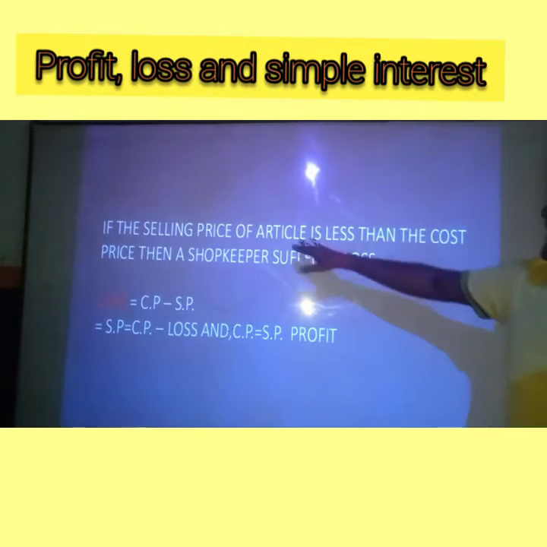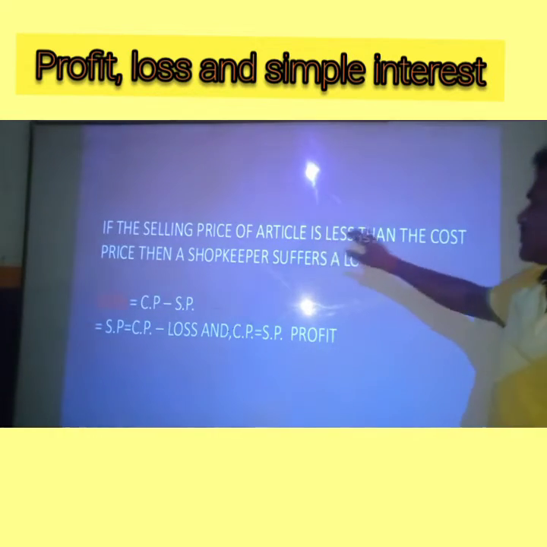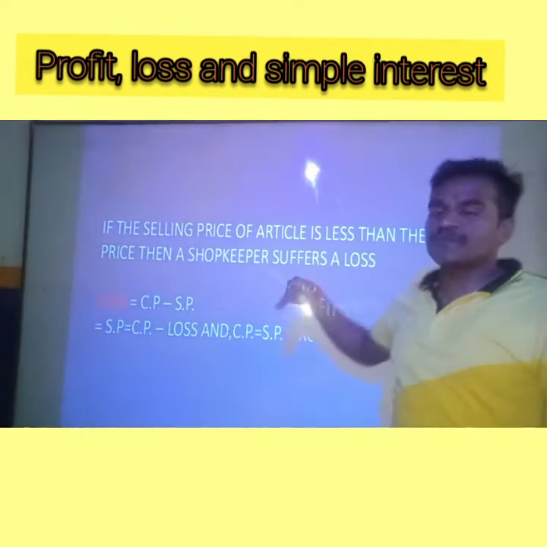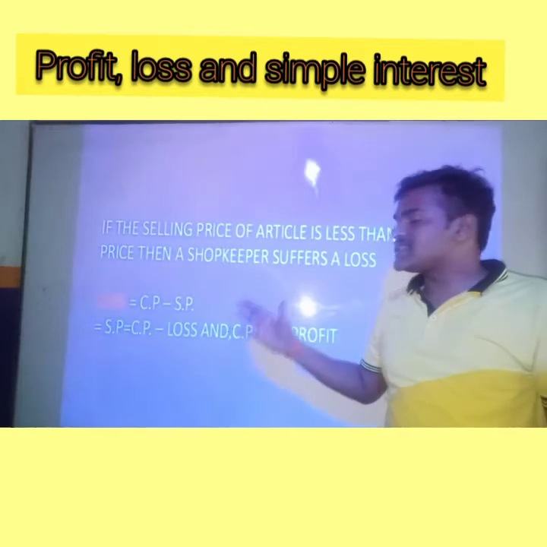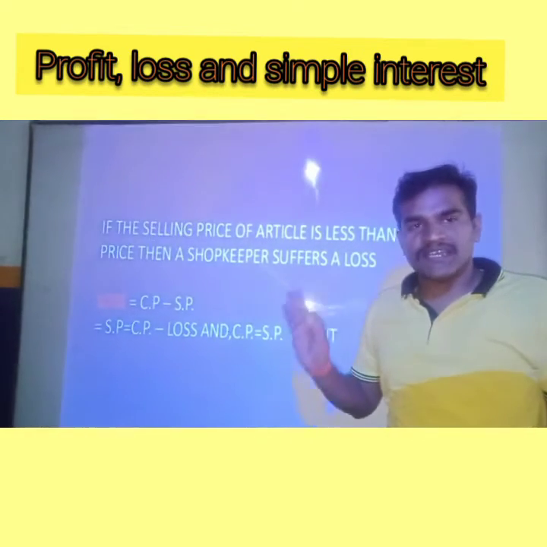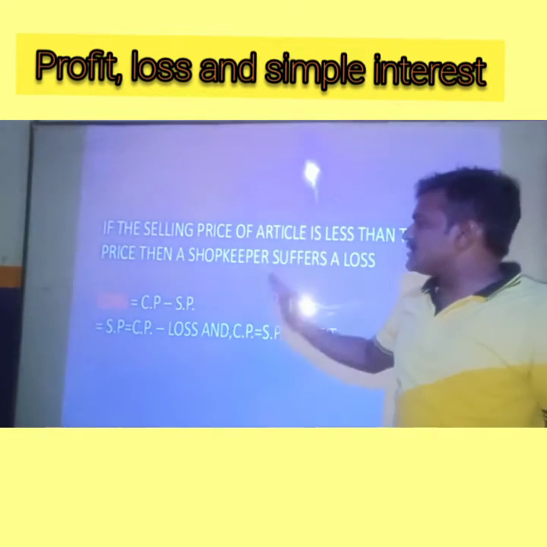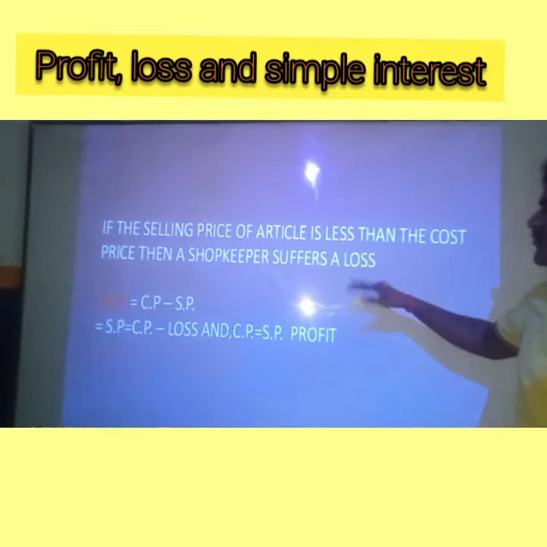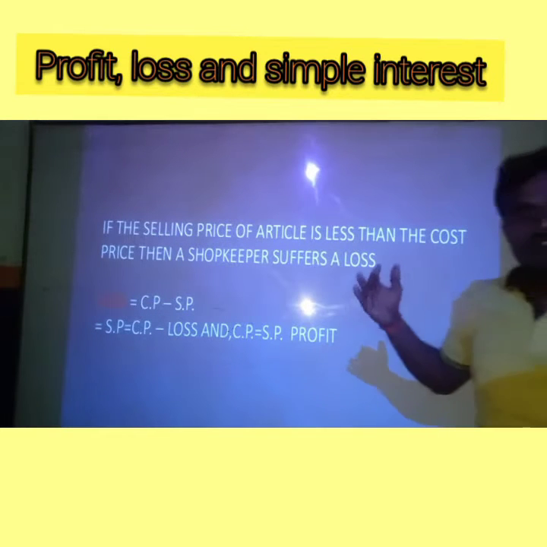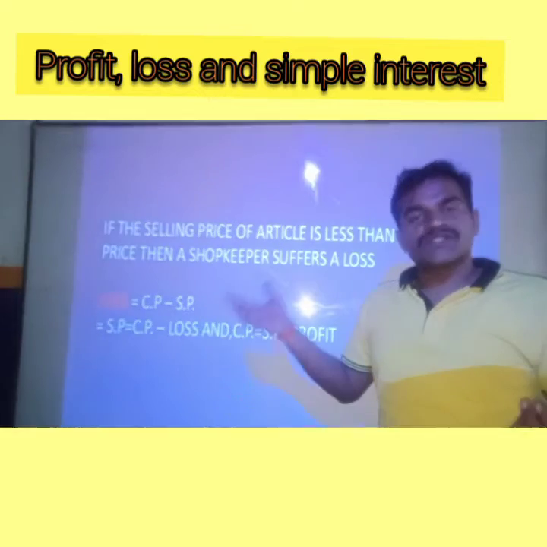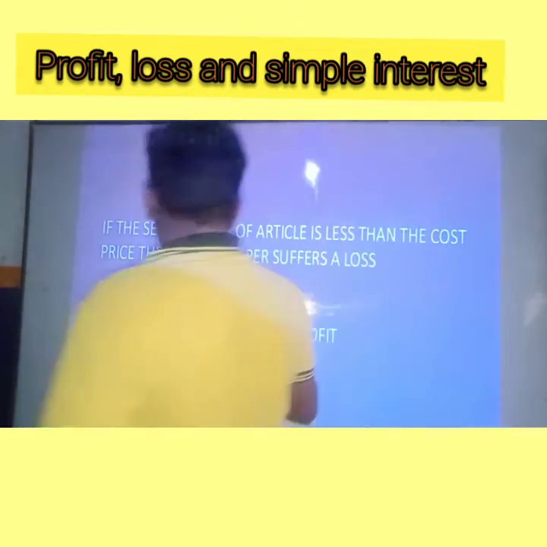Children, if the selling price of an article is less than the cost price, then a shopkeeper suffers a loss. Okay, it means there will be a loss. So what is the formula of loss?